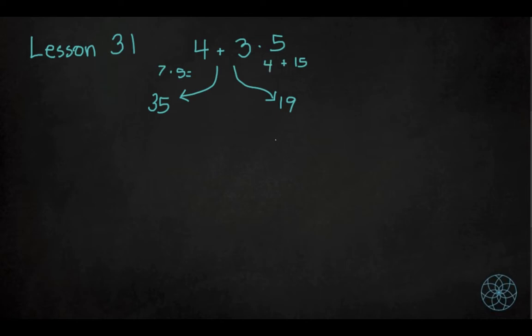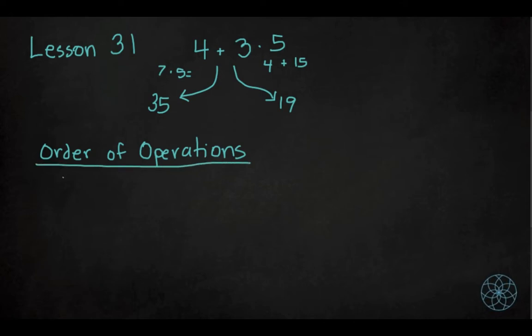So you might be wondering, well, which way is correct? And I'm going to give you something very important. If you are keeping a notebook, please copy this. The order of operations. Especially when you have addition, subtraction, multiplication and division, there's a certain order for those operations.